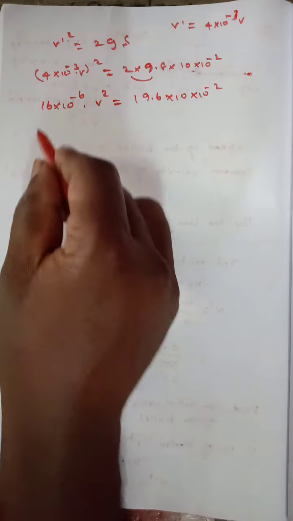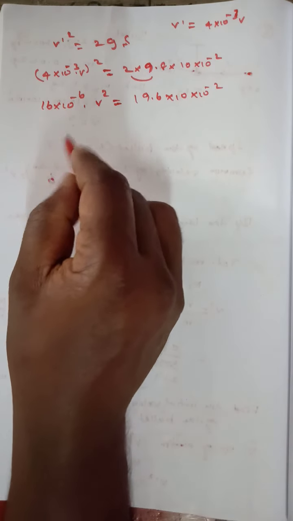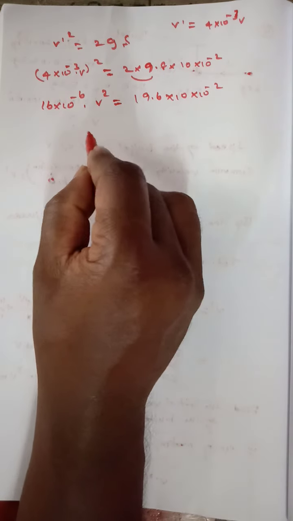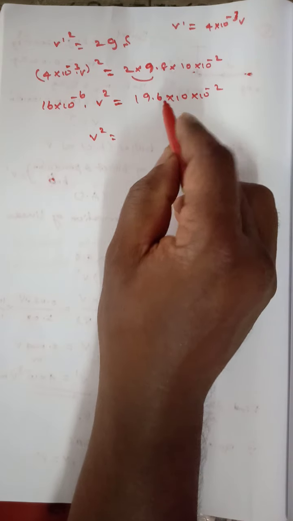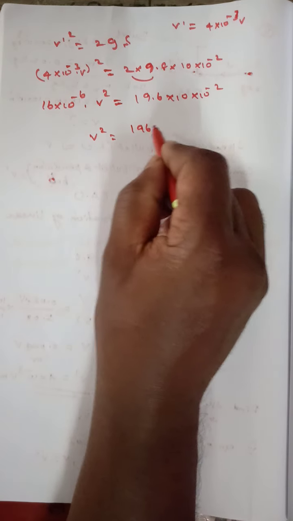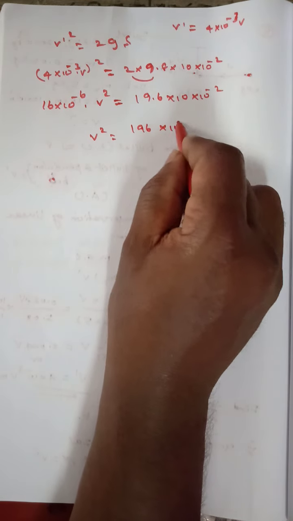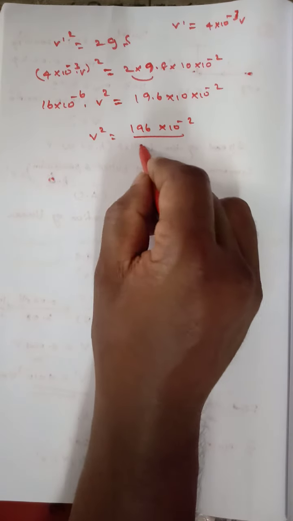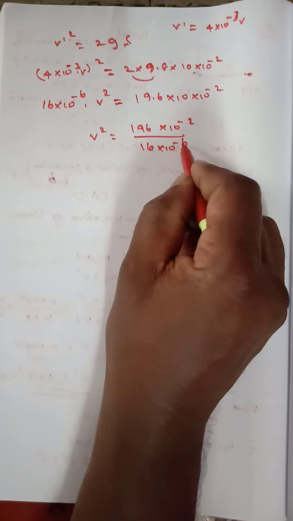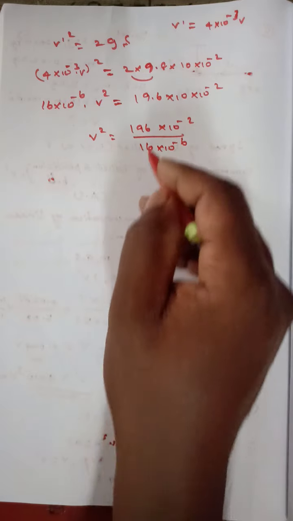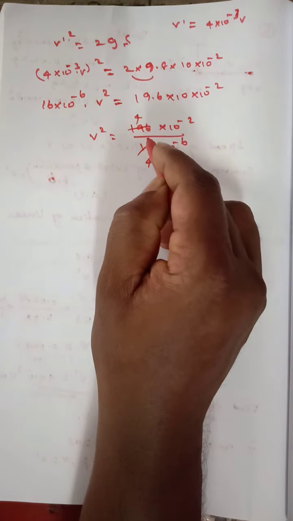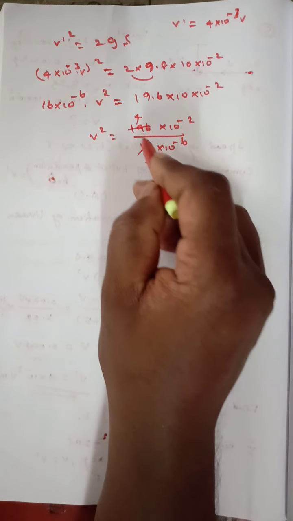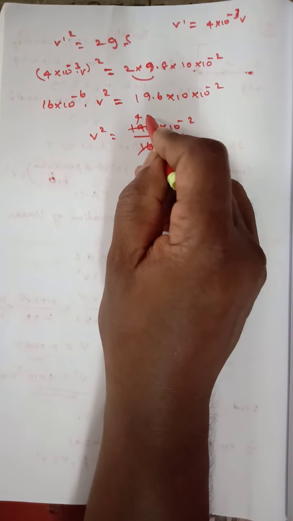So 16 is multiplied here, so we divide, so v square is equal to 19.6 into 10, which is 196, so 196 into 10 power minus 2 divided by 16 into 10 power minus 6. On cancellation, 4 fours are 16 and 4 nines are 36.